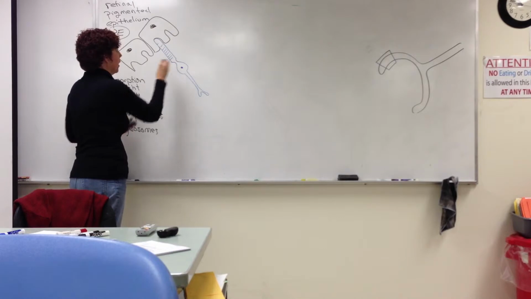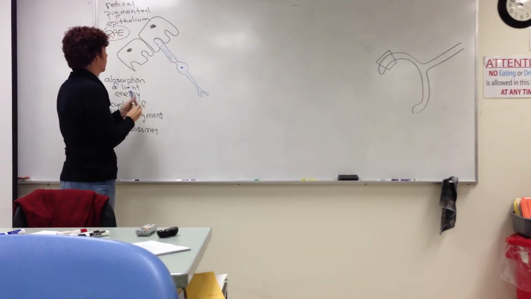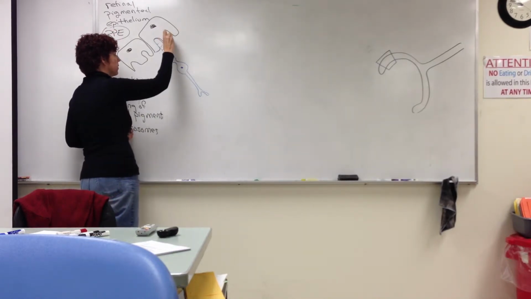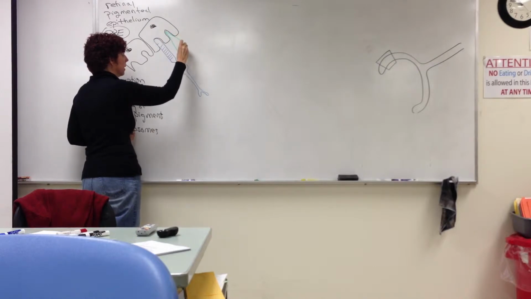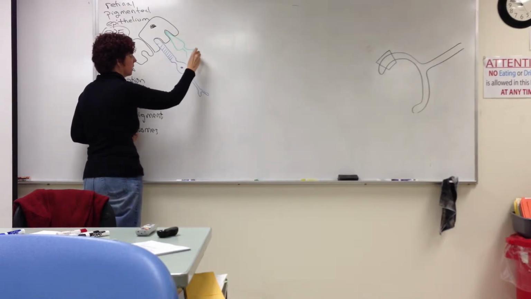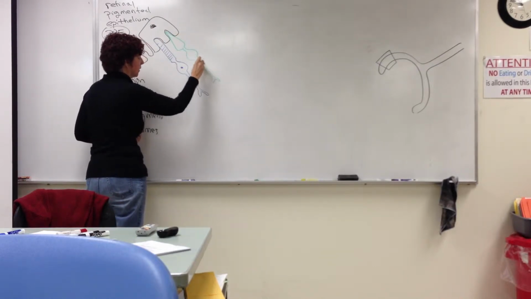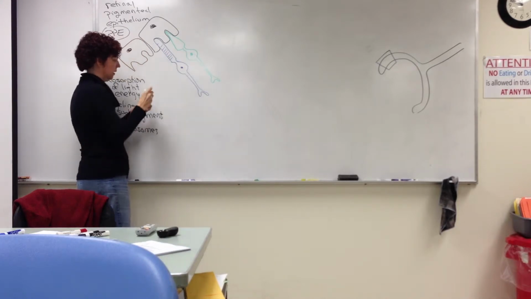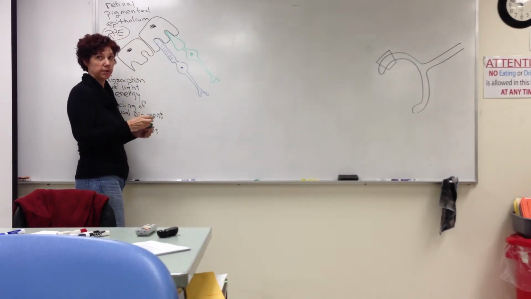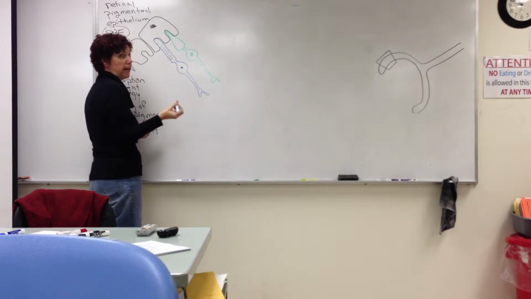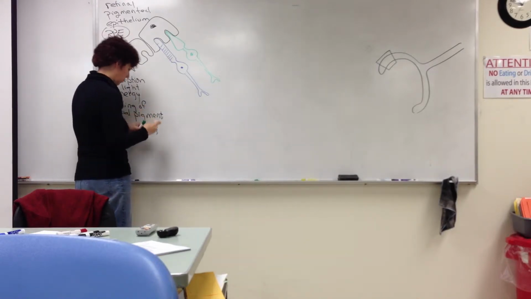And cones are very similar, except that they have a cone shape. So these are photoreceptors. They're going to be generating graded potentials rather than action potentials.